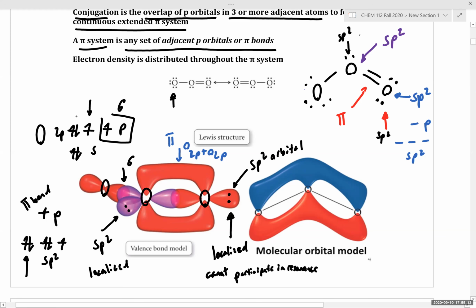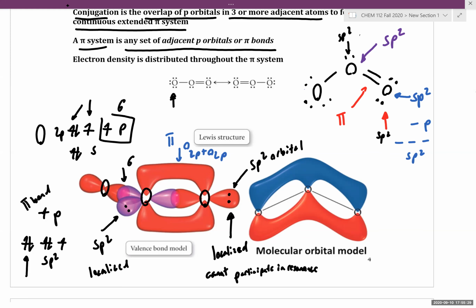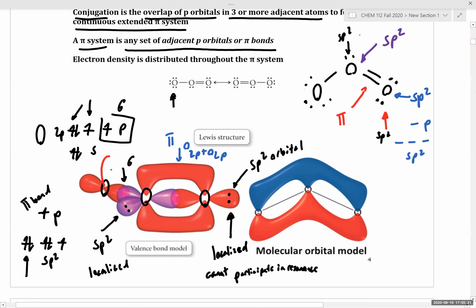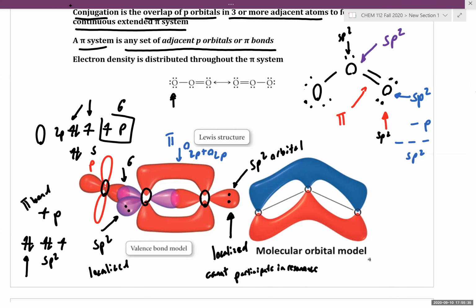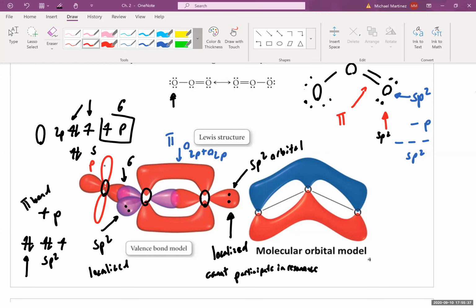Do we have a lone pair in a p orbital for this leftmost oxygen? Looking at our orbital picture, do we have a lone pair available in a p orbital? Yes, so let's draw that out. So this oxygen has a p orbital containing a lone pair.